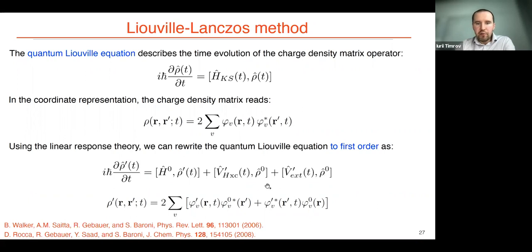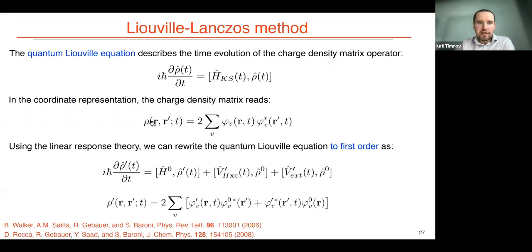All of them are commutators. The first one is the commutator between H0, the Hamiltonian of the unperturbed ground state system, and the response density operator rho prime. The second term depends on the response Hartree and exchange-correlation potential, evaluated with the ground state charge density matrix operator. And the last term is the commutator between the external potential and the ground state charge density matrix operator.